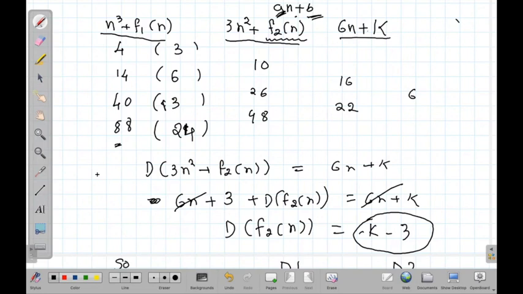So this is n cube plus f1 of n, and this is only f1 of n. So basically, by removing n cube from each of these. I subtracted n cube, like 4 minus 1 cube, 14 minus 2 cube, 40 minus 3 cube. Nice approach, Raman.